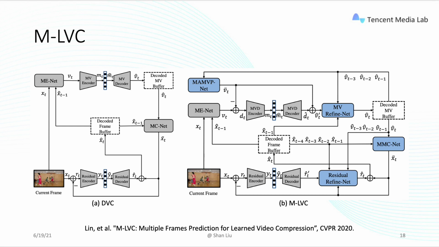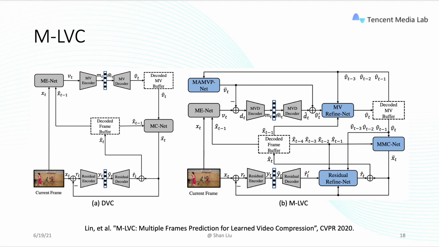The motion vector difference is generated with the new network called multi-scale aligned MVP, and this multi-scale aligned MVP (AMVP) net uses multiple reference frames to help generate the motion vector predictors, which are then used as input to the motion vector refinement network.